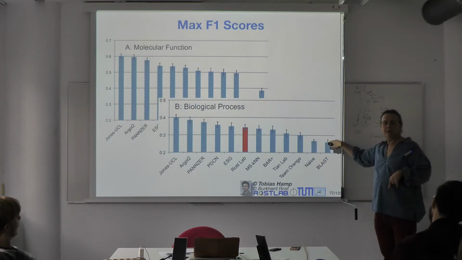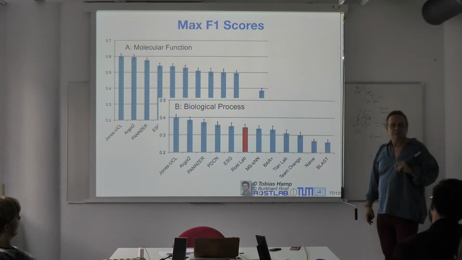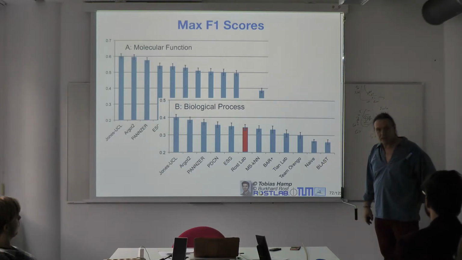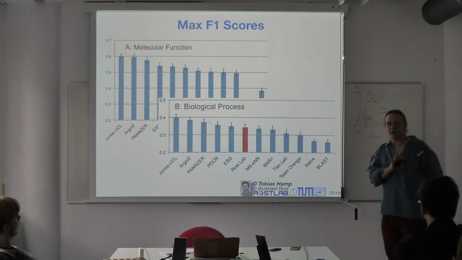How can they be similar? They are similar. BLAST is worse. Fair enough. But when you look at the error estimates here, they are within less than a standard deviation of each other. So I'd argue in a standard error sense they are not distinguishable. But you're right. If anything, BLAST is worse.